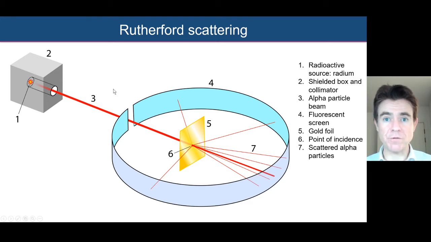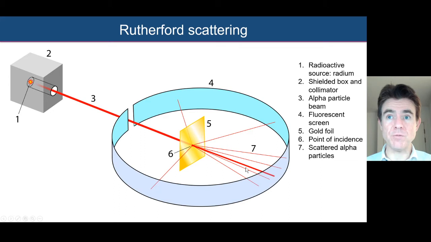This all needs to be in a vacuum, of course, otherwise the alpha particles would be scattered by the air. But within a vacuum, the alpha particles can make their way through into this region where we have a gold foil, which is very thin, maybe 1 to 2 microns in thickness. And when they hit this gold foil, what was expected was that they would more or less go straight through.